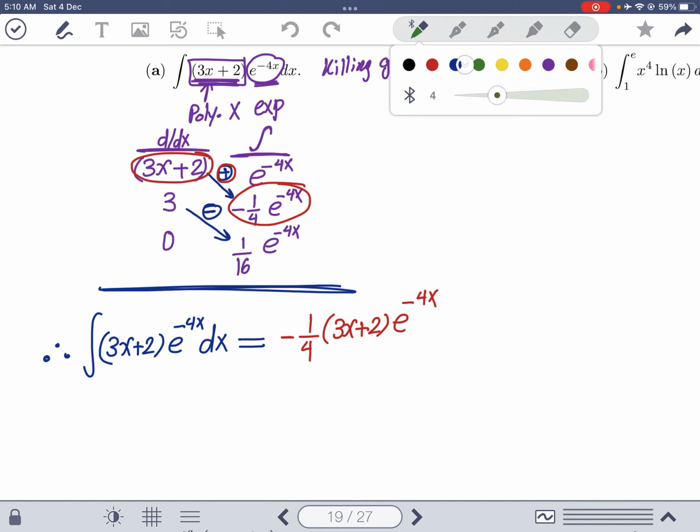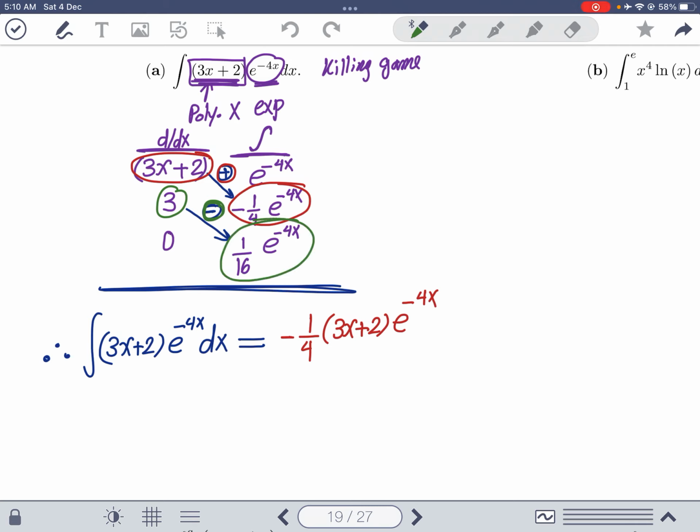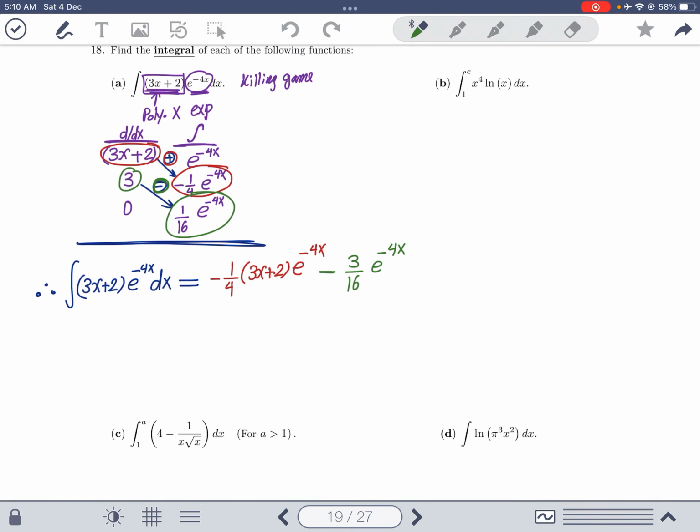Perfect. And then the second thing is minus, and then 3 times this. So minus 3 over 16 e to the negative 4x. So this is the answer, plus c, of course, because when you integrate, you always have a constant of integration.